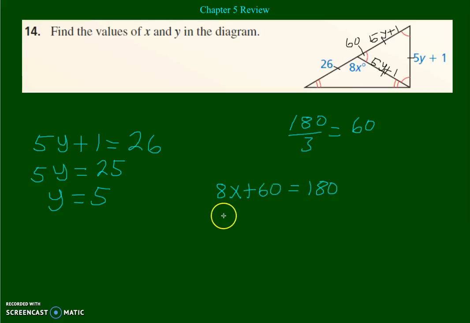We'll subtract 60. 8x equals 120. And we divide by 8. So x equals 15. And so now on to problem 15.